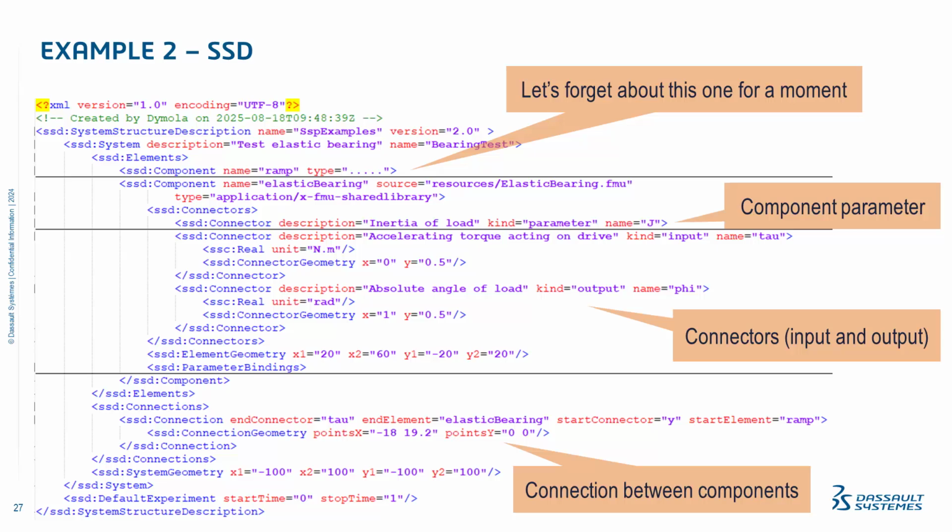But we can see here that we have connectors, a component parameter here called J, which is a real number with the unit. And then we have the connection between the components at the end here with start and stop connectors and also the geometry of the connection.